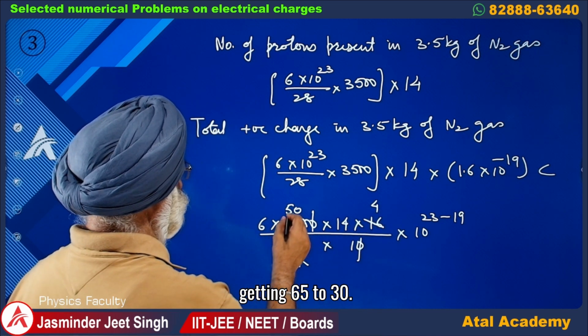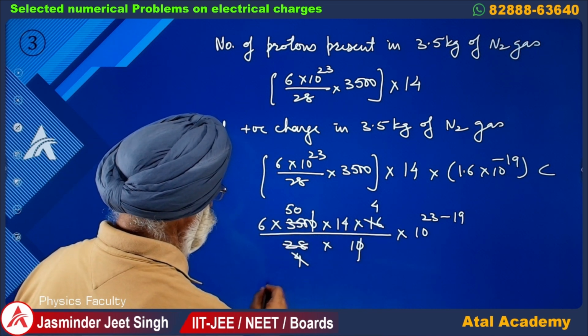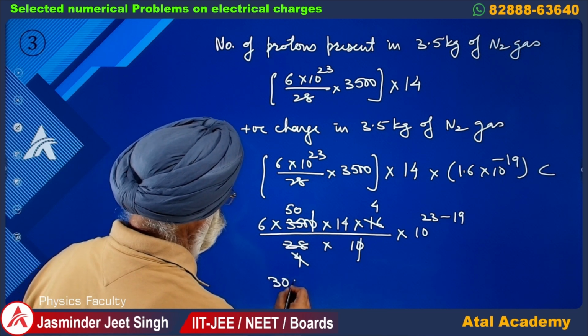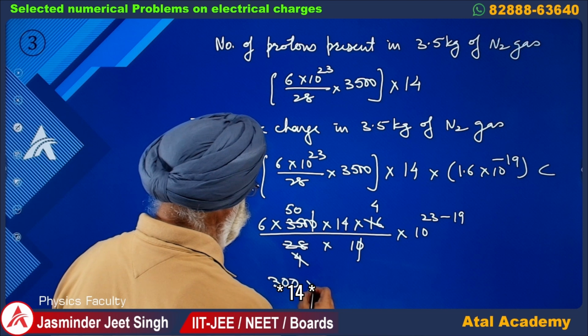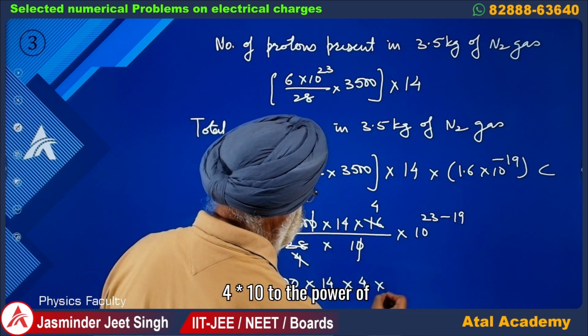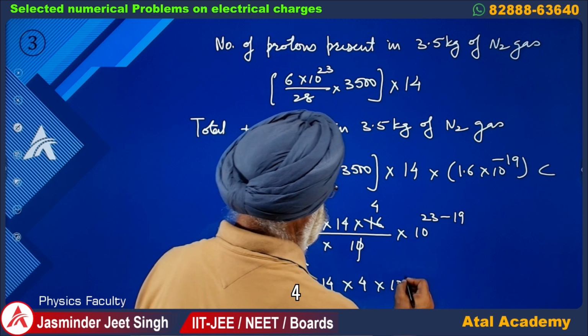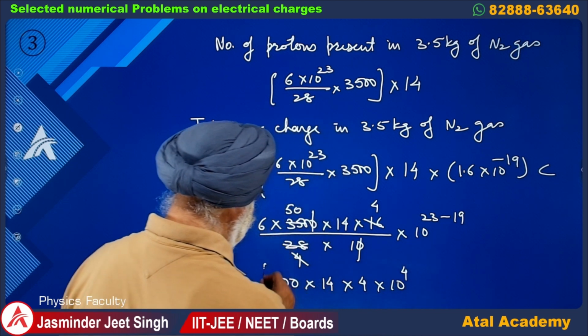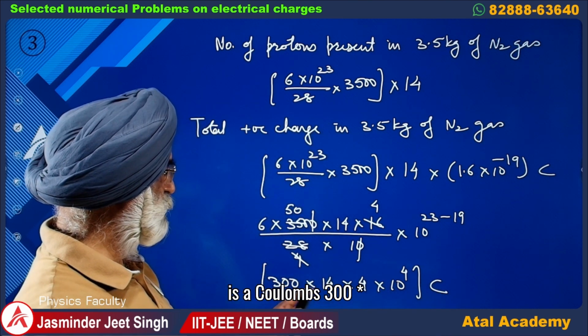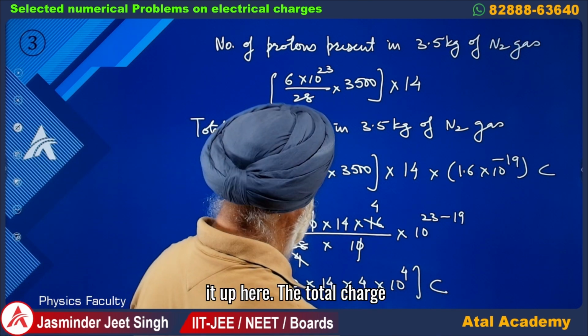Now we get 6 5s are 30, it will be 300 into 14 into 4 into 10 to the power of 4 coulombs.